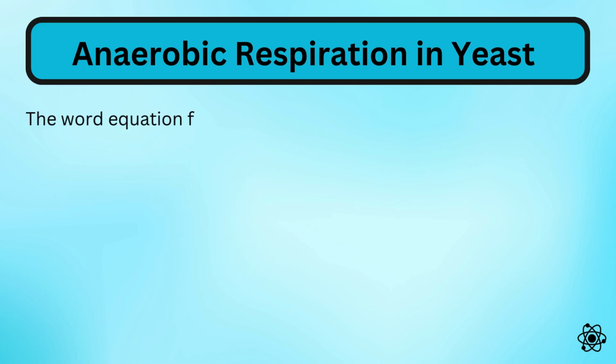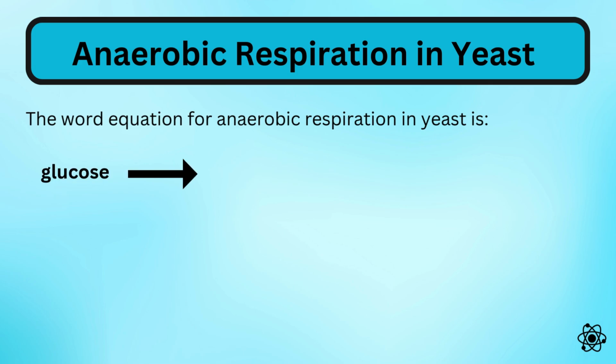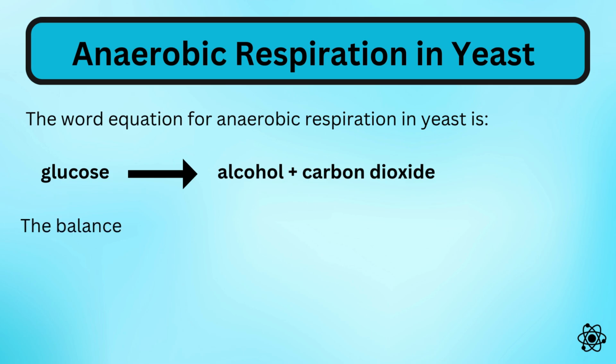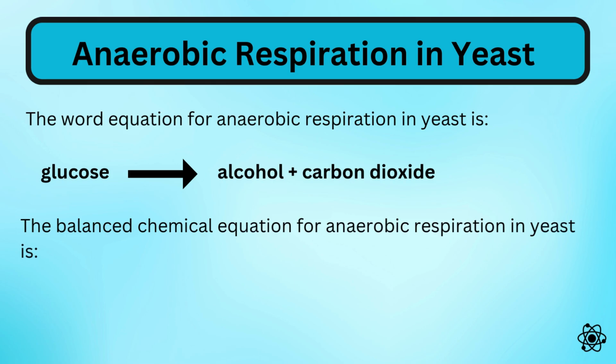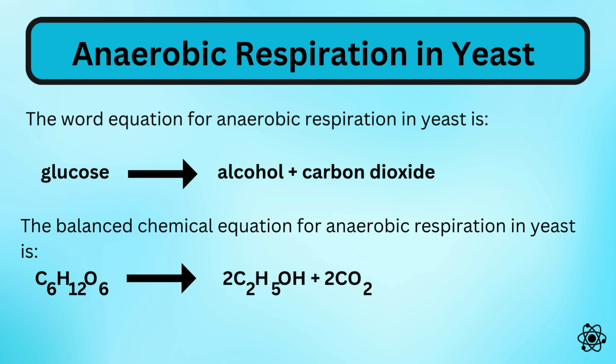The word equation for anaerobic respiration in yeast is glucose to give alcohol and carbon dioxide. The balanced chemical equation for anaerobic respiration in yeast is C6H12O6 to give 2C2H5OH and 2CO2.